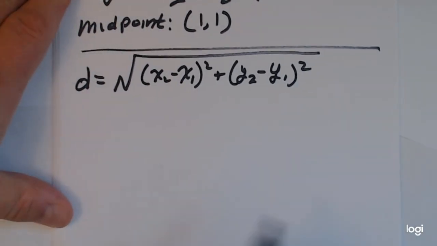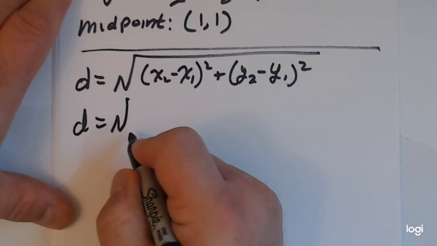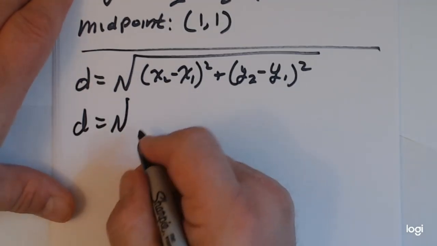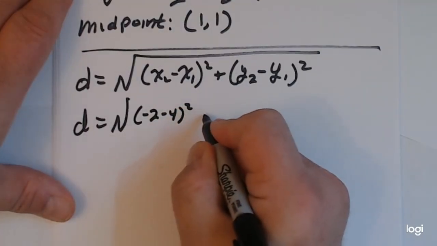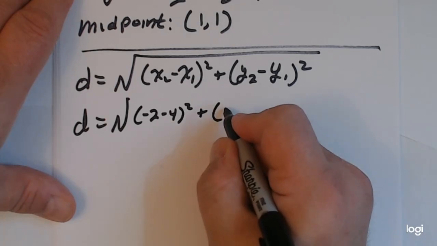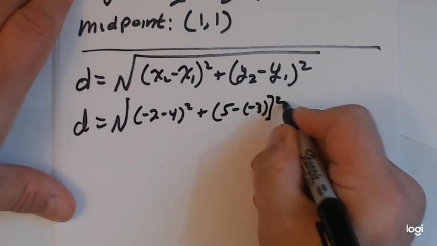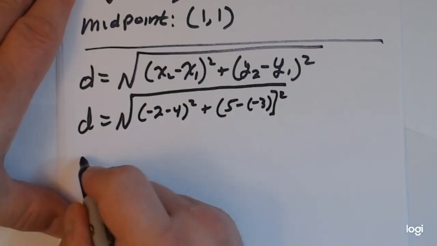Okay. So d is equal to the square root of, well, let's see, negative 2 minus 4 squared plus 5 minus negative 3 squared. Take the square root.